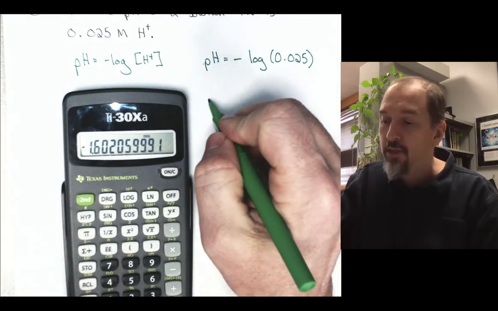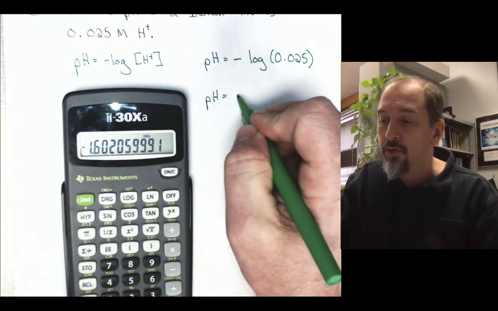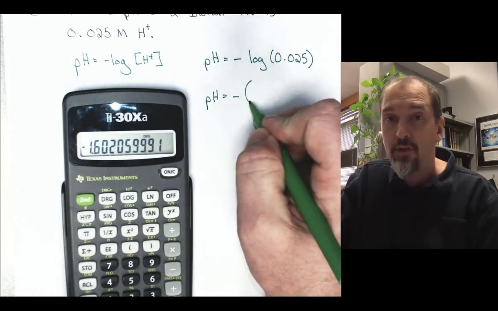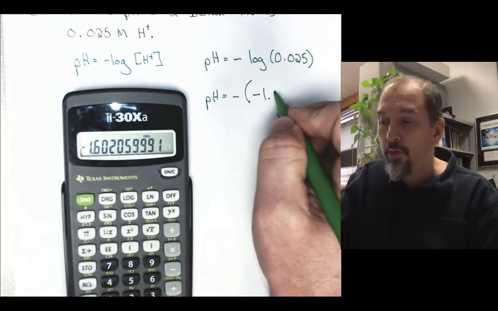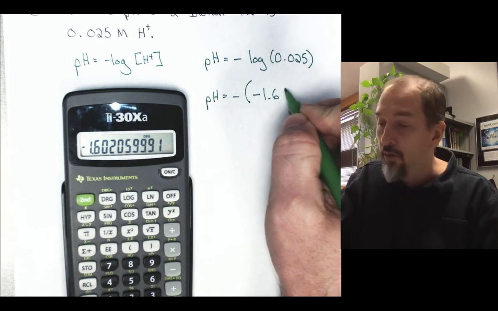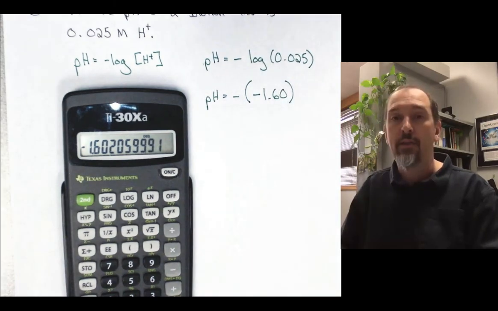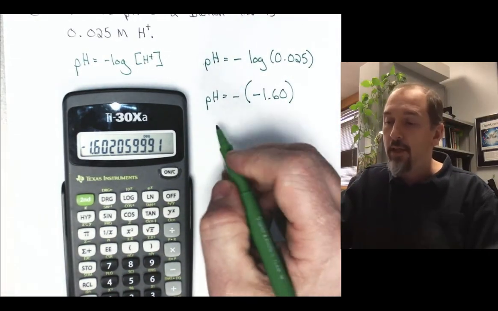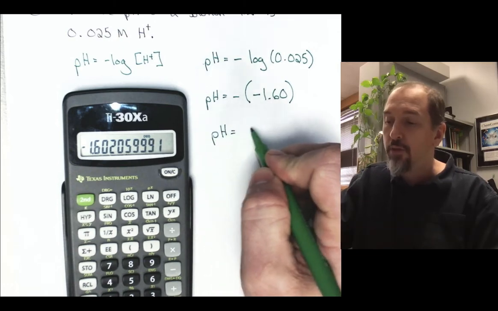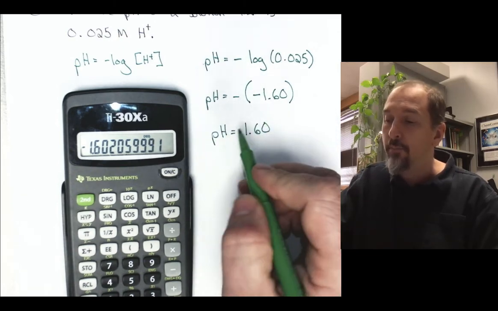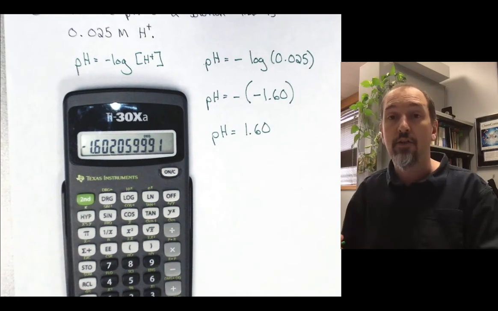So from this calculator, the answer is negative 1.60 if we round it to that decimal place. Now these two negatives cancel out, so the pH equals 1.60, clearly in the acidic range.